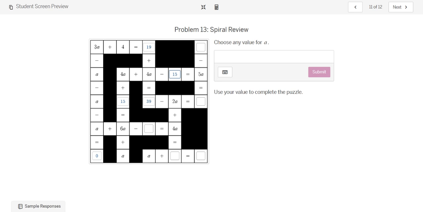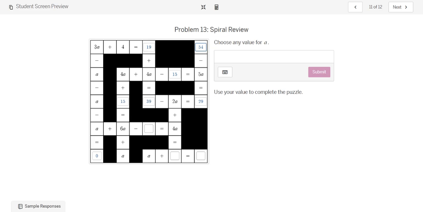That would be 15. 39 minus 10 is 29. 5A minus, or going the other way, 5A is 25. That would be 54.